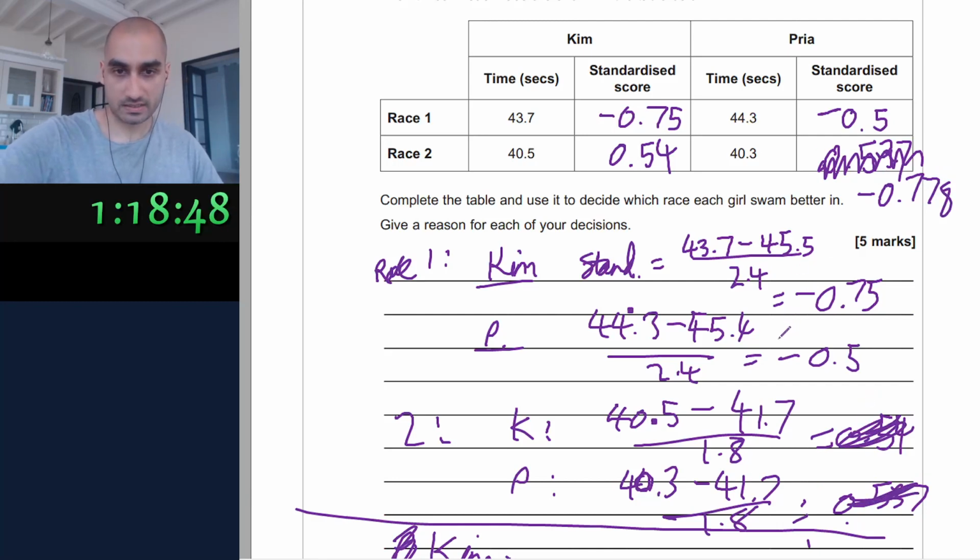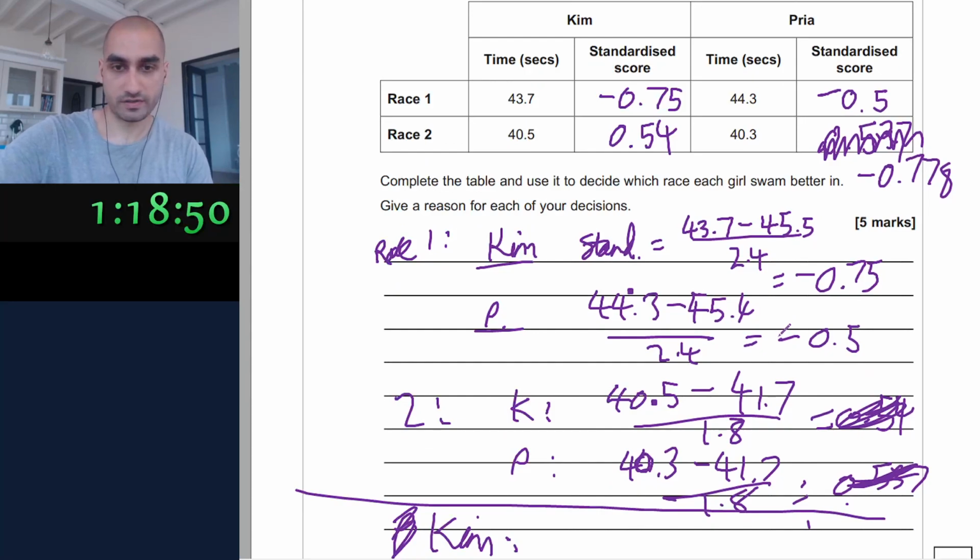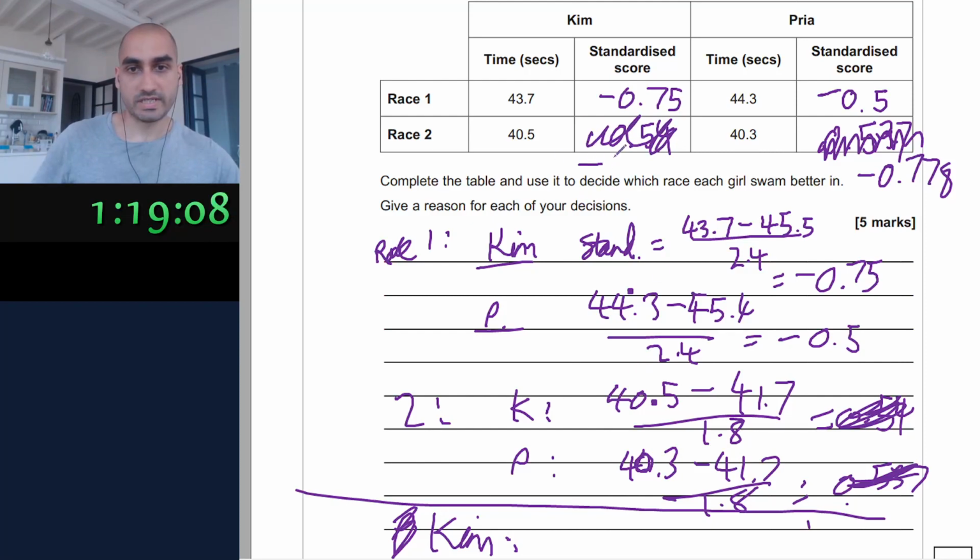And the second to last one was 40.5. I had a divide instead of a minus. Minus 0.667. There we go.